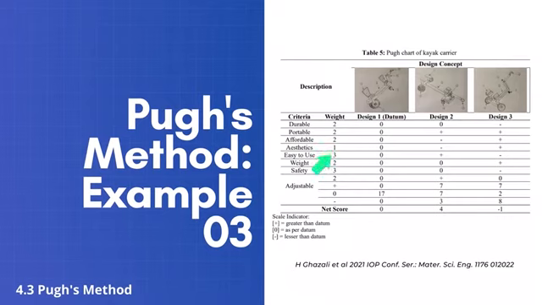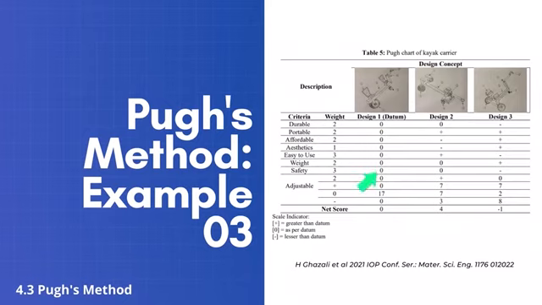So from this weightage, we know that the weightage uses the scale 1 to 3. If the criterion is very important, the weightage is 3 because it is highest. And if the criterion is not important, it will be 1 because it is less important. So the middle is number 2.